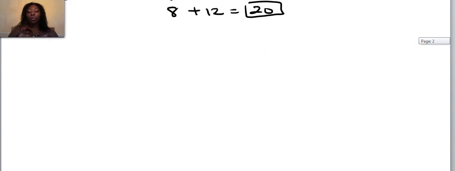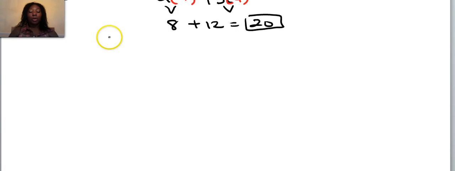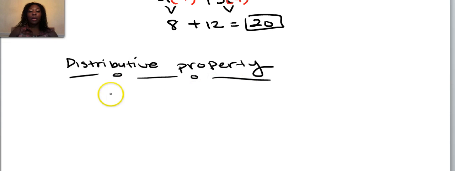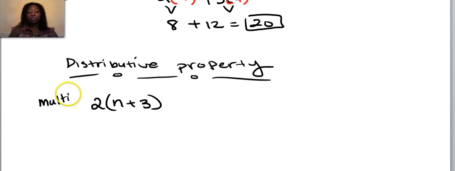Alright, now let's talk about the distributive property. If you had a number 2(n plus 3) and they want you to multiply, okay, if you look at this expression versus 2(1 plus 3).